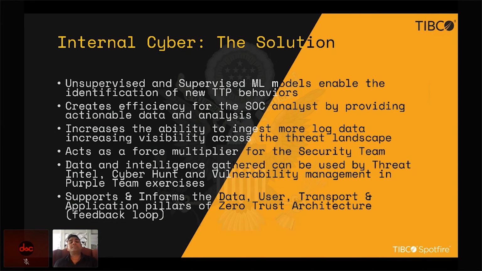What you're doing is augmenting the tools that you already have with enhanced methodology and enhanced supervised ML models that have been enabled to automatically detect and identify TTP behavior that may be overlooked by current solutions out there. Think of it as a force multiplier for your security SOC solution.